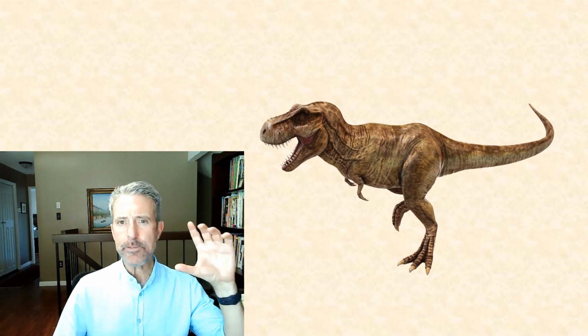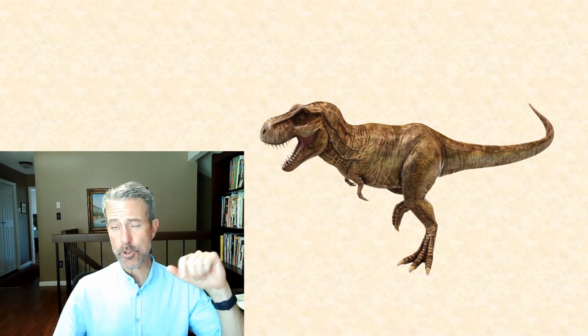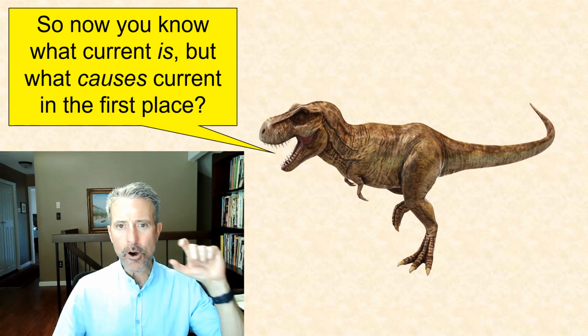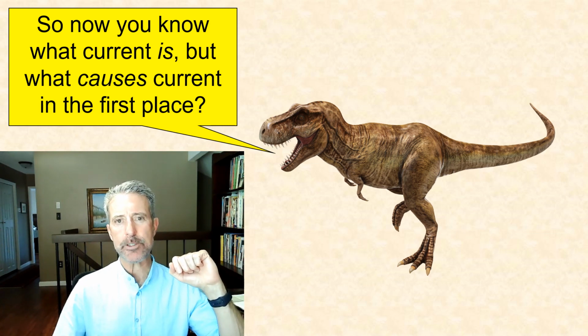So now that we've discussed what current is from both a macroscopic and microscopic point of view, let's address the more fundamental question, and that is, what causes current in the first place?